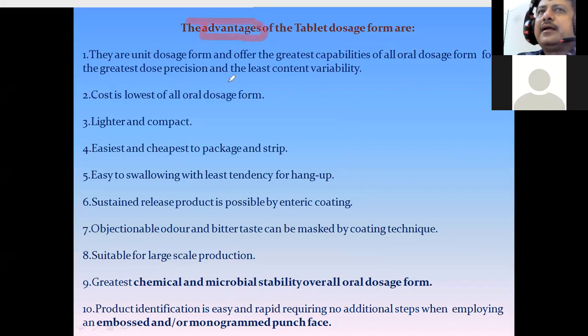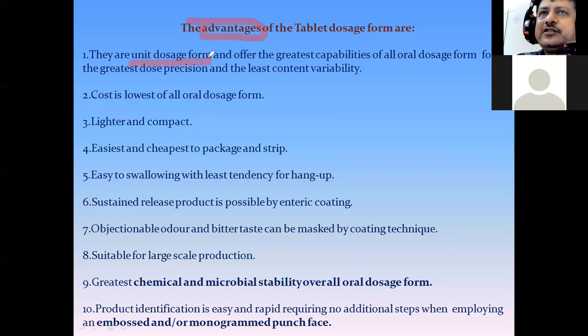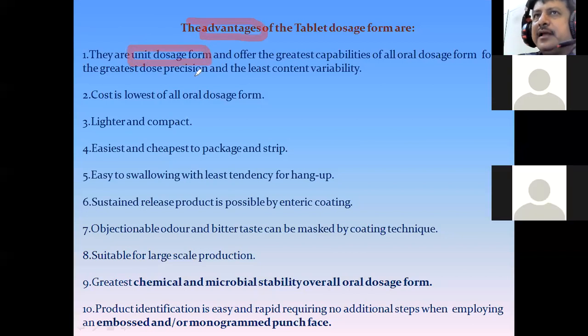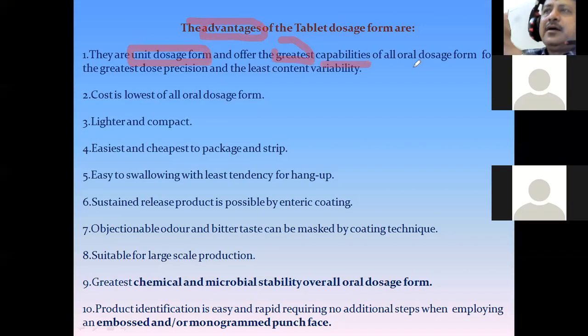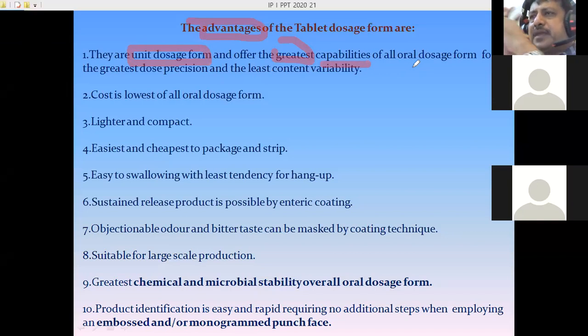Fine. Now, it is a unit dosage form. As it is a unit dosage form, it will have a specific quantity of dose in it, due to which it offers the greatest capability of all the oral dosage forms, assuring more precision for the dose.